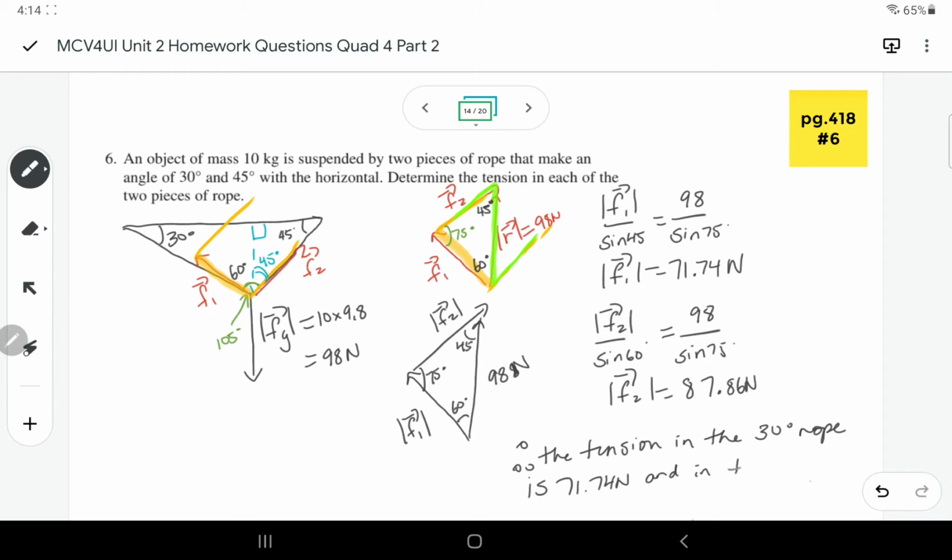And in the 45-degree rope is 87.86 newtons. Everybody okay with that one?